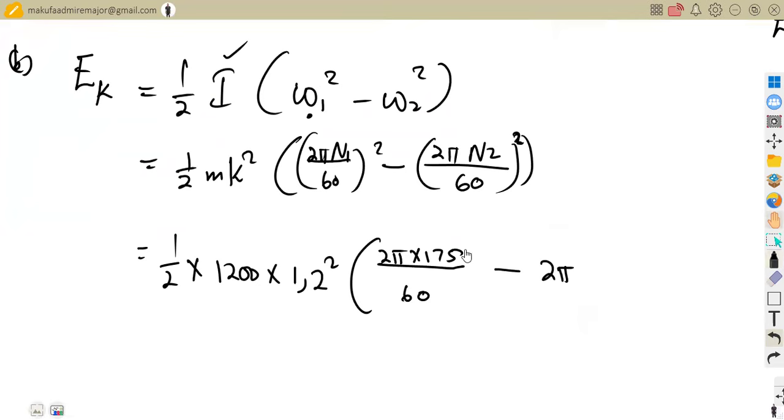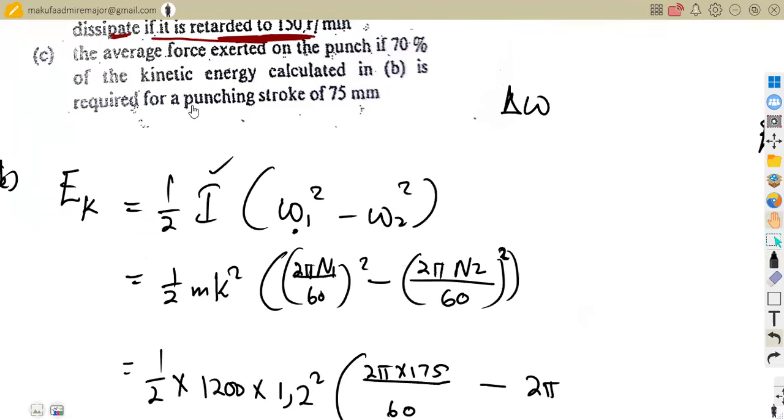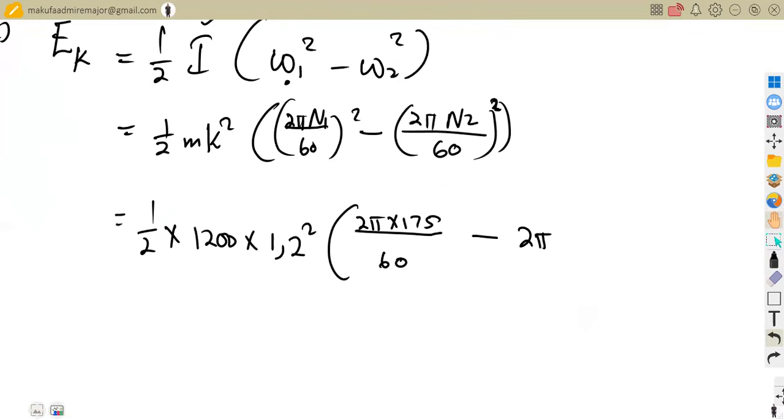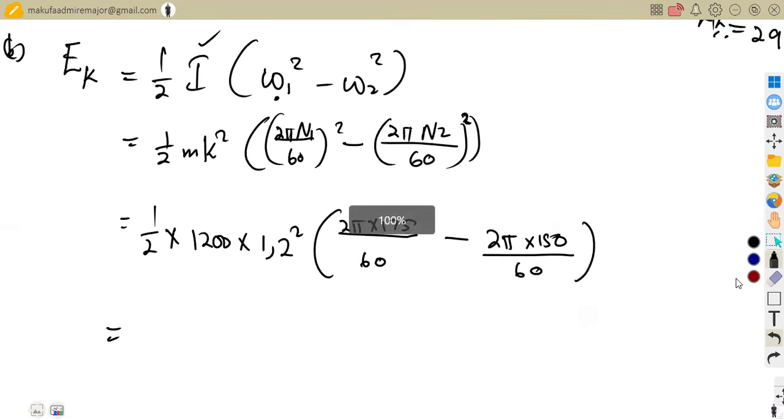It retarded until what? Until the speed is 150 revolutions per minute. That's our N2. 150 revolutions per minute, like this. So this is going to give us the kinetic energy. Sorry, why am I leaving the squared? There's a squared there.